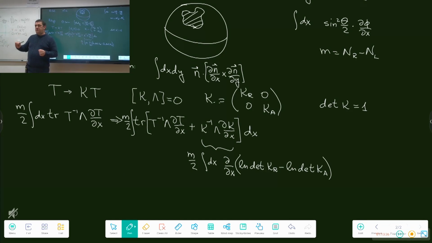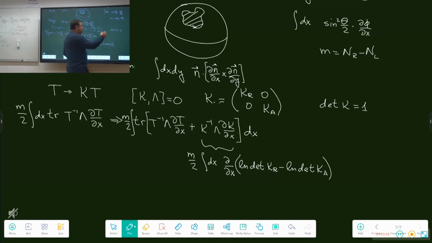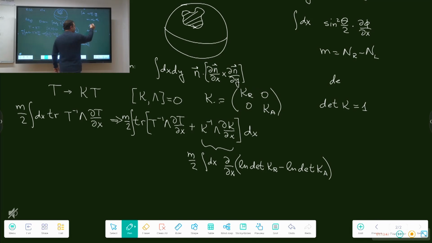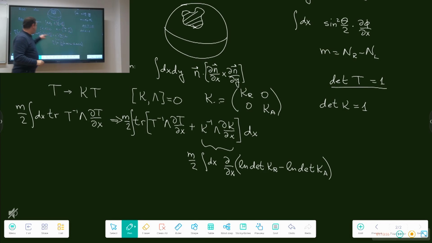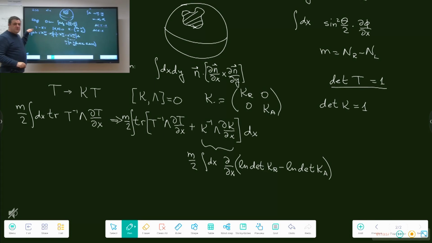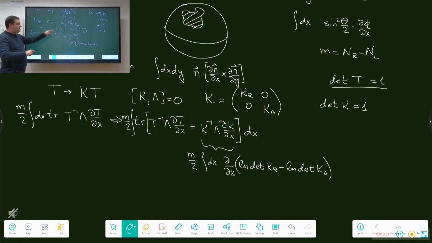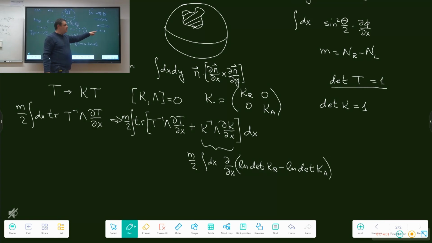And this change of variables has a Jacobian. In order for this Jacobian to be unity, we should apply a condition that the determinant of T, of the matrix that rotates these fields, is unity. And since T is replaced by KT, to maintain this identity, we should demand that the determinant of K is also unity.